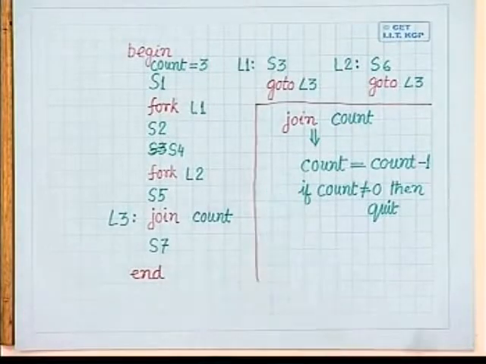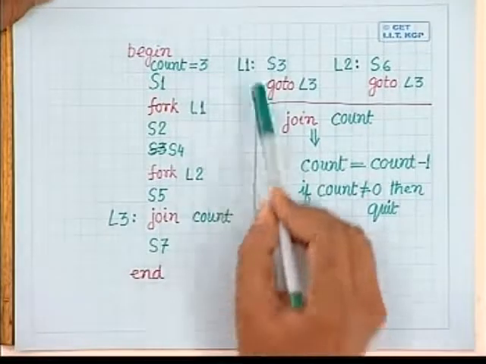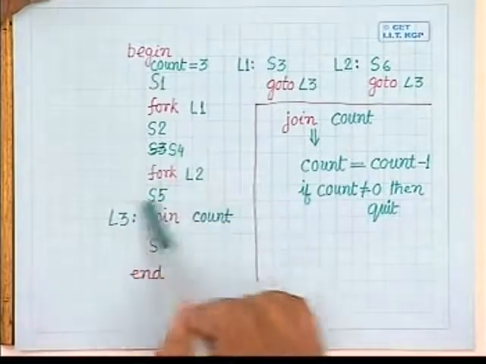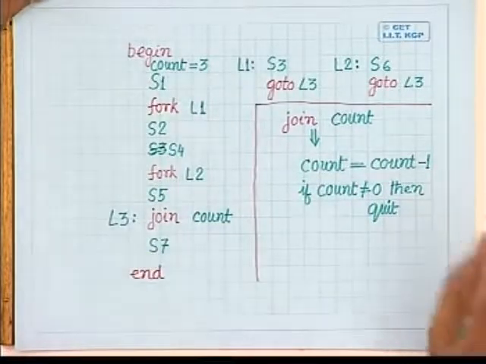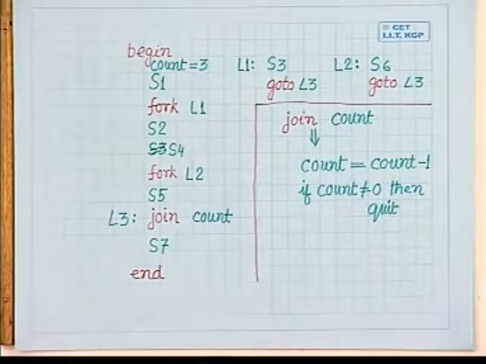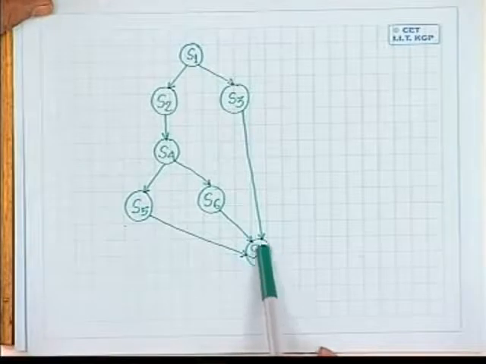So this is a very, very simple precedence graph that we have taken for writing such a concurrent program. In this precedence graph, we have seen that the processes are joined only at one point.